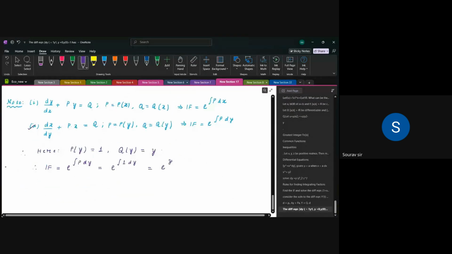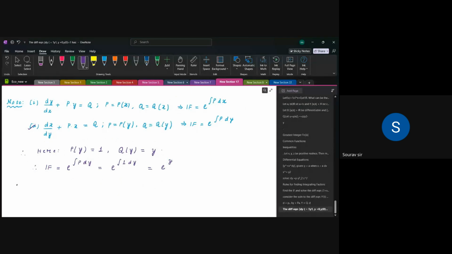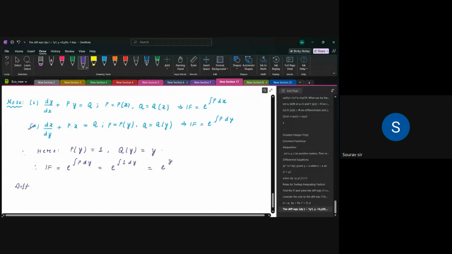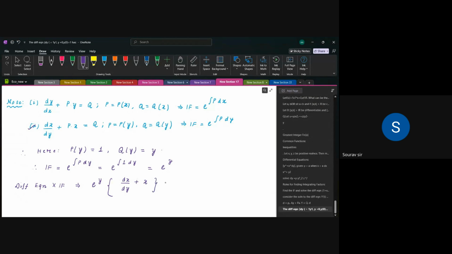You will multiply the differential equation with the integrating factor, right? So that is e raised to the power y into dx by dy plus x equals y into e to the power y. Right? Correct?